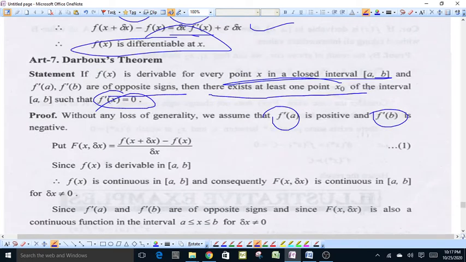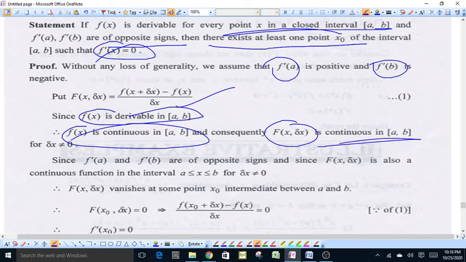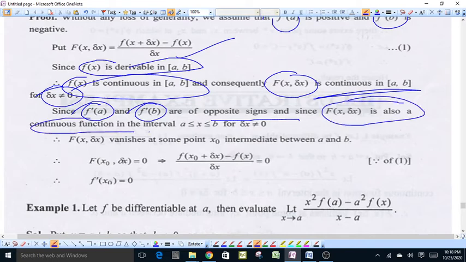Now put F(x, Δx) equal to [f(x + Δx) − f(x)] upon Δx, because f(x) is derivable in the closed interval [a, b]. Therefore f(x) is continuous in this interval, and this function F(x, Δx) is continuous in this closed interval [a, b] for any Δx not equal to 0, because f'(a) and f'(b) are of opposite sign and F(x, Δx) is also a continuous function in the interval [a, b].